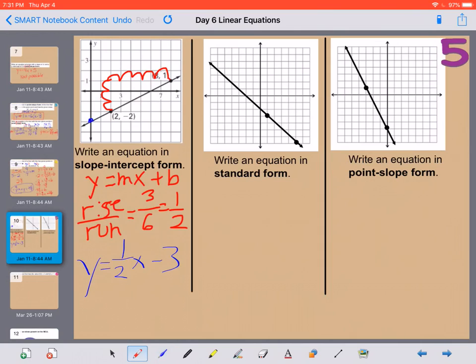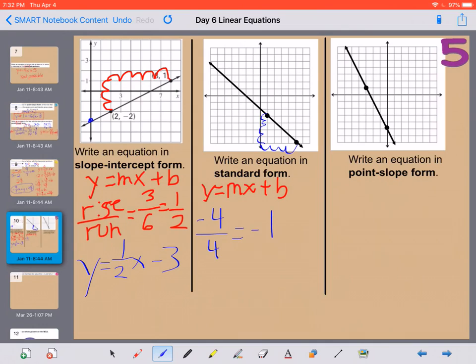Next one, standard form. I'm going to write it still in y equals mx plus b, because then I can easily switch it from this to standard form. Our m is going down 1, 2, 3, 4, so it's going to be -4 over 1, 2, 3, 4.